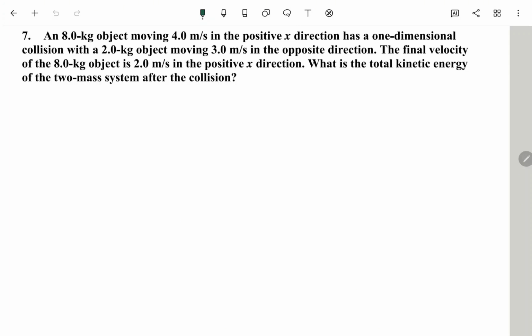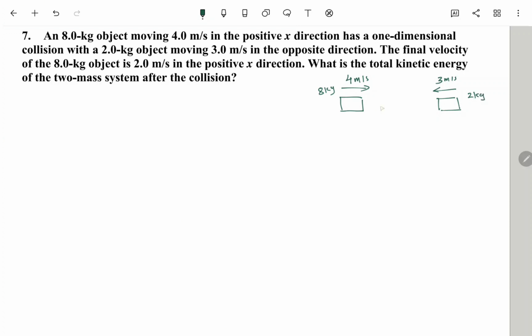So here is the situation. We have an object right here moving this way with velocity equal to 4 meters per second, and the mass for this one is 8 kilograms. And another object, this one here, is moving this way with velocity equal to 3 meters per second, and the mass for this one is 2 kilograms.